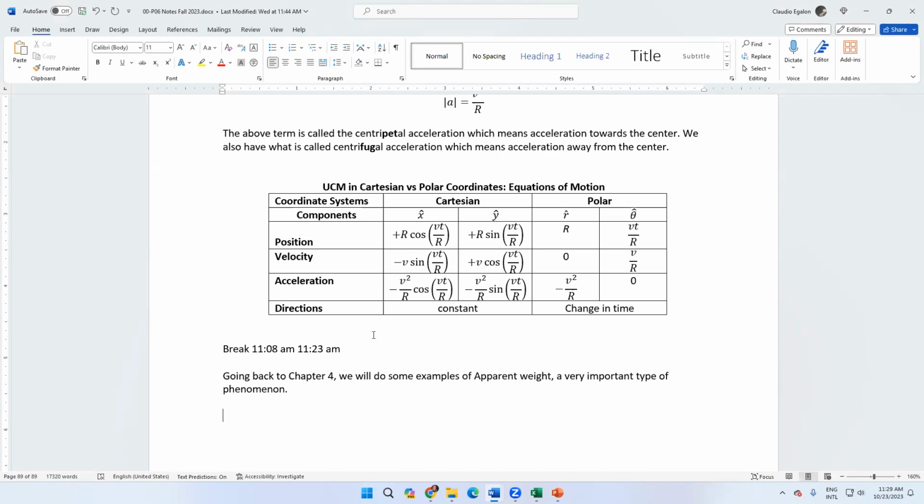Example of apparent weight using Newton's law of motion.